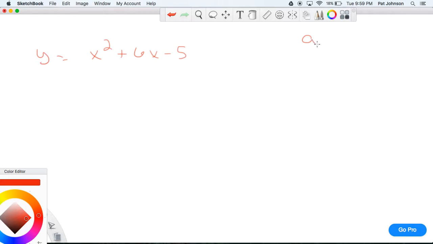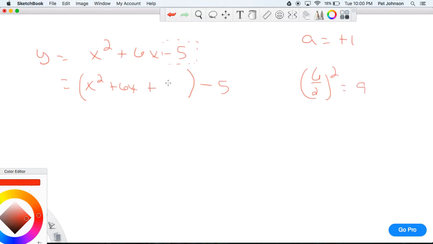We learned that a has to be positive 1 before we can complete the square. Instead of moving our constant term to the other side of the equation, we're going to leave it here. We're just going to move it down a little bit, and we're going to group this together. And we can do that. We haven't changed anything. So now we take b, 6 over 2 squared is 9.